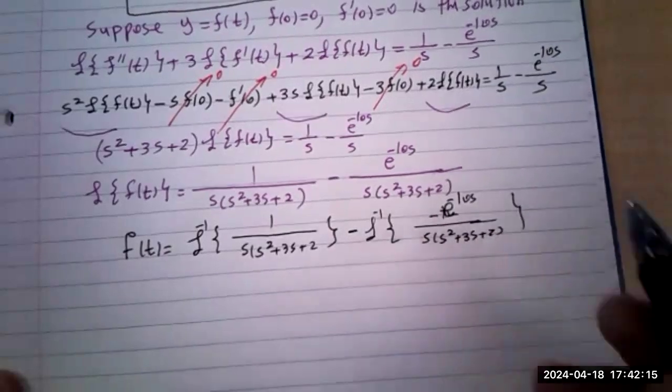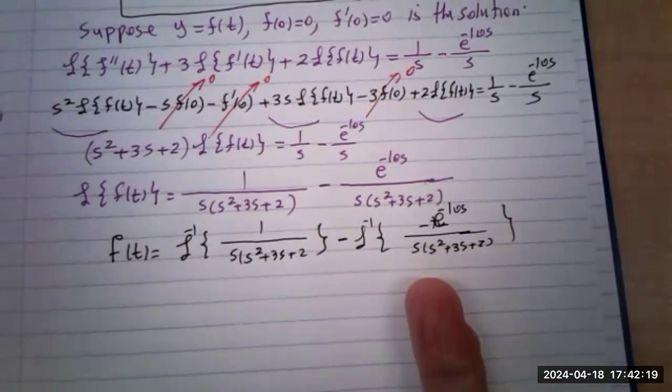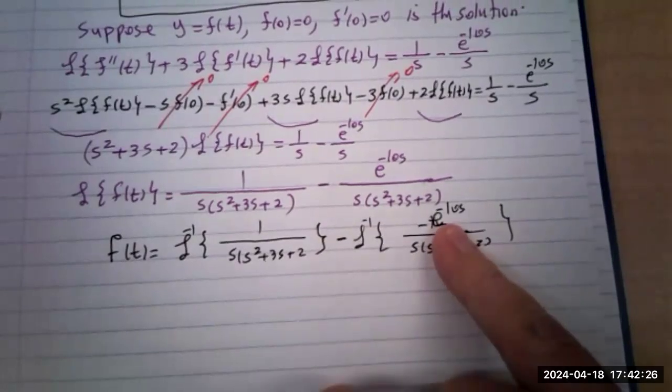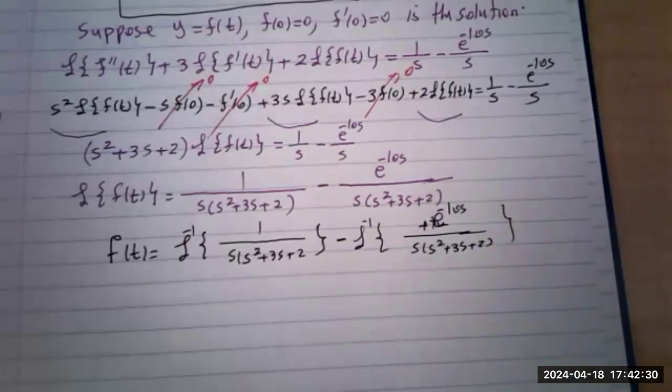As soon as you find the first one, we call it g(t). The second one will be u_10(t) g(t minus 10). You're done, because of this factor of e to the negative 10s that you have over there.